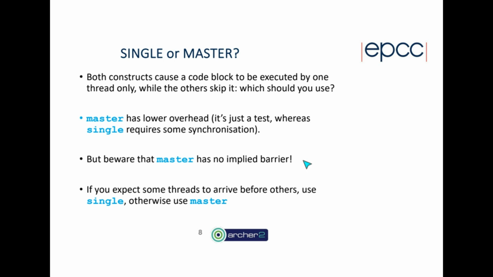Single has an implied barrier at the end of it, which you can get rid of with a nowait clause, whereas master does not have an implied barrier, though you can add an explicit barrier directive after the master if you want. So you can have either behavior, a barrier or no barrier, in both cases, but the default behavior is different.